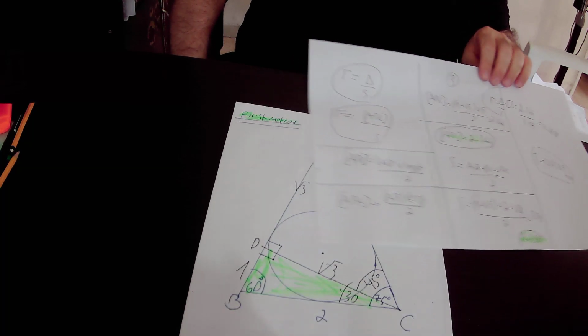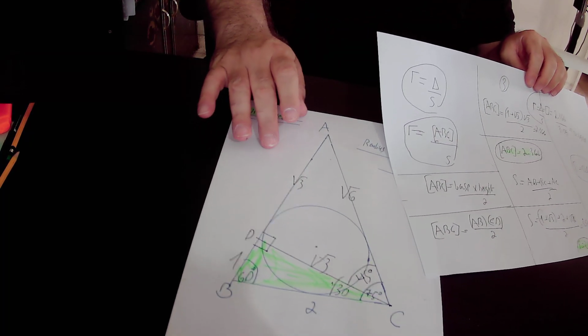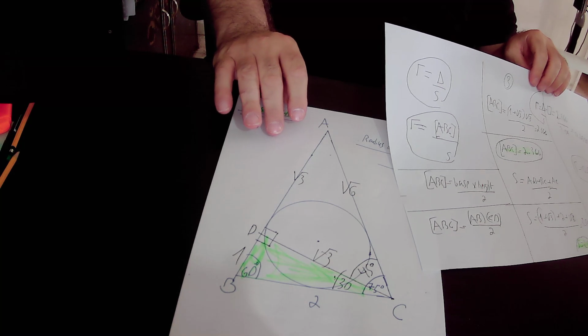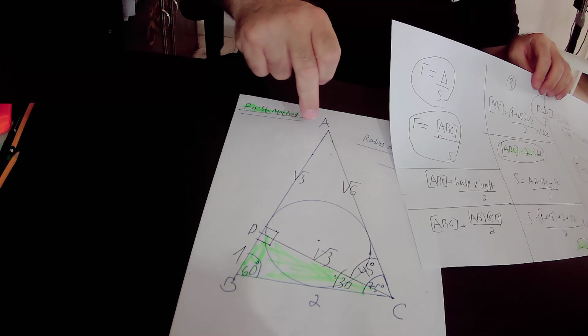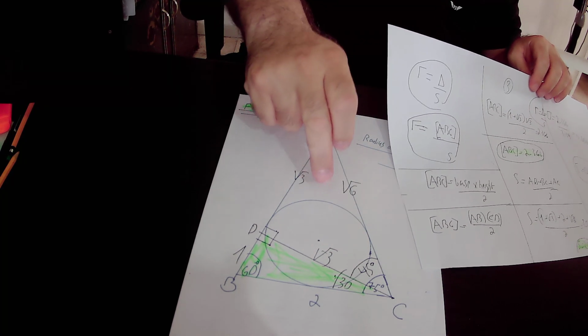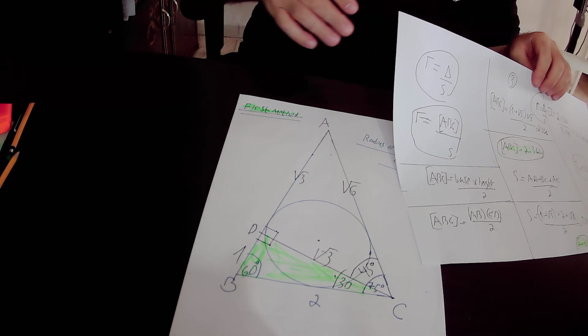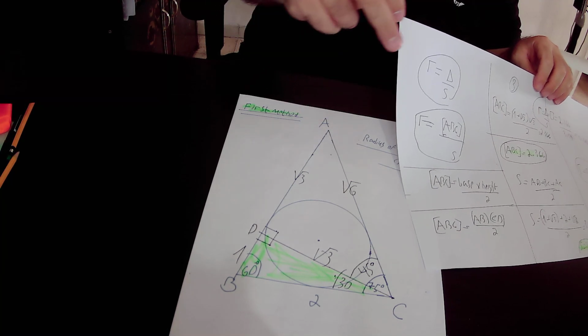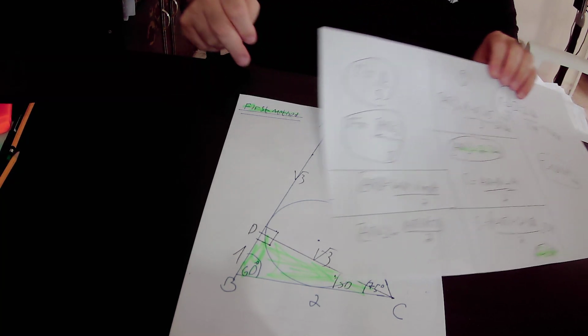We implemented the new formula in our drawing. So in our drawing, the radius of this circle will be equal to the area of triangle ABC that blocks the circle over the semi-perimeter of triangle ABC. And the semi-perimeter of any triangle is equal to the perimeter over 2.